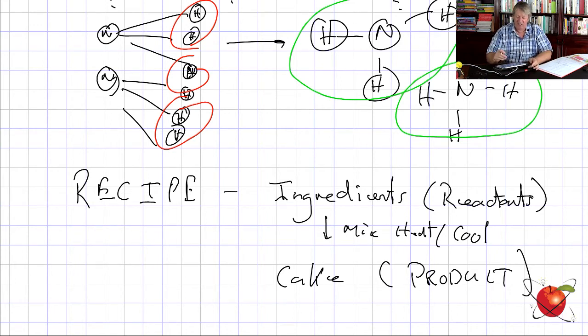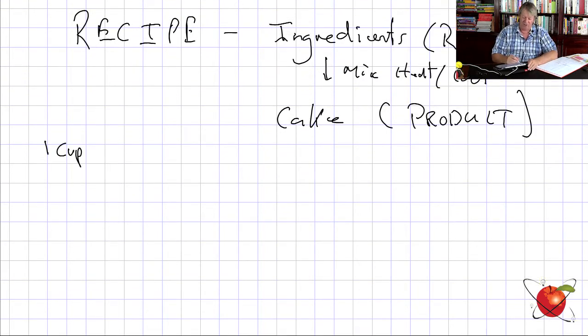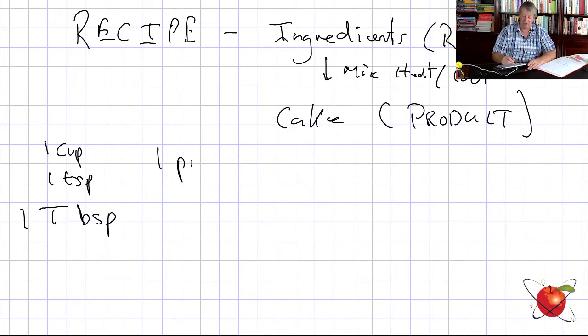Now, let's have a look in this whole cooking, baking thing. They talk about add 1 cup of this, 1 TSP, 1 T, like that, okay? You have things like 1 pinch, all right? Then you could have 300 grams, all right?